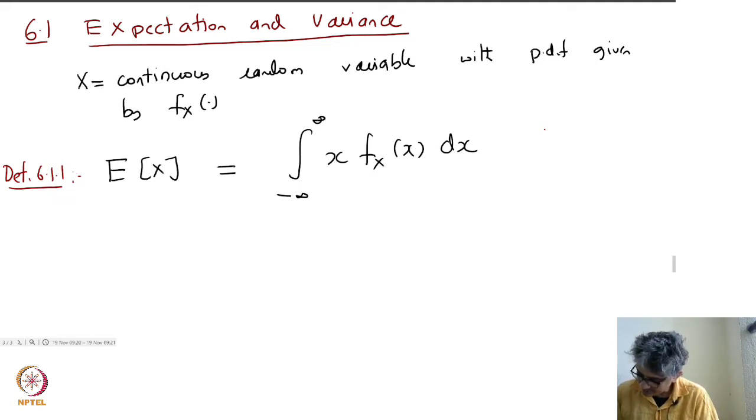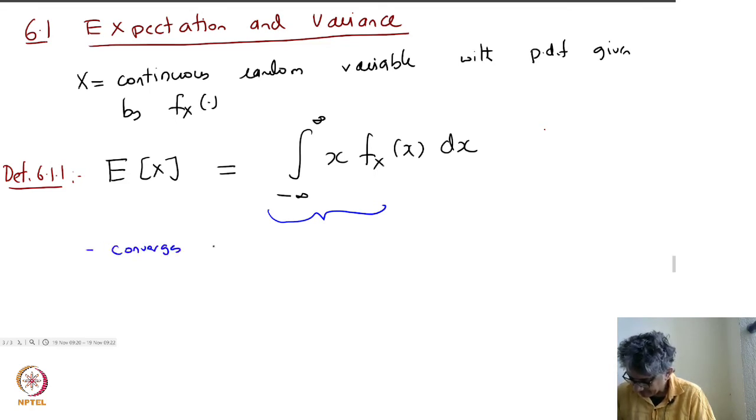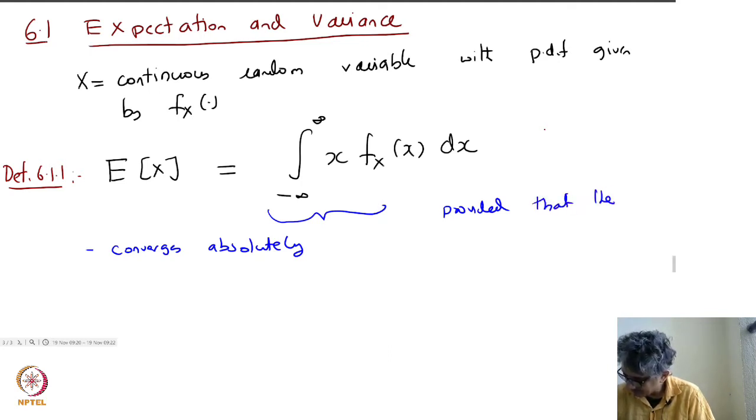Now when you state an integral like this, if you go back to your calculus or analysis days, this is only defined provided that the integral converges absolutely. Otherwise, this is not well defined. In this case, you say X has finite expectation.